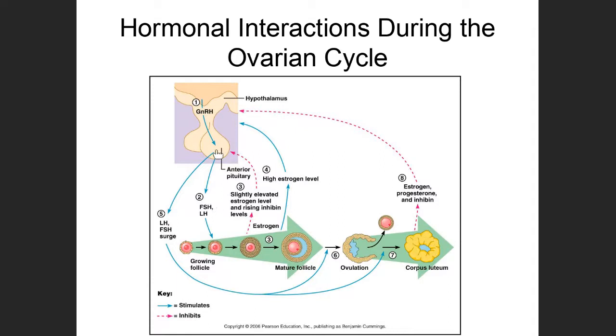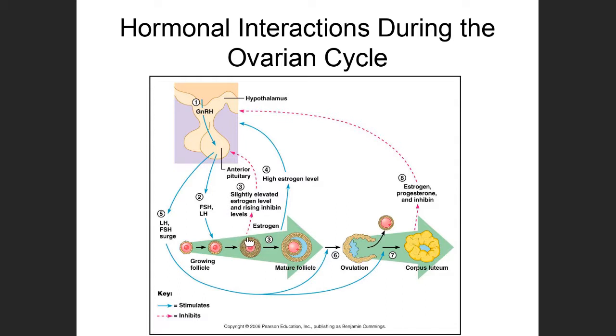Now, we don't actually have the anterior pituitary stop making those hormones, and this is something I want to be clear about. It just stops releasing them. So these hormones start to build up in the anterior pituitary, and they're not released as we get this negative feedback from rising estrogen levels.